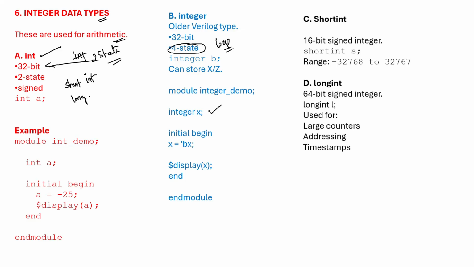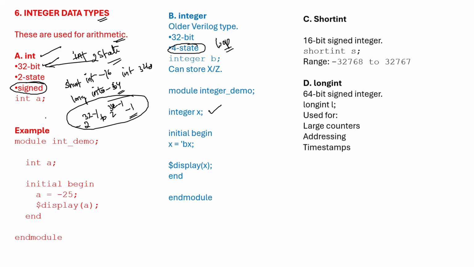So shortint will store 16 bits, longint will store 64 bits, and then int will store 32 bits. So int is a two-state data type. It can store 32 bits. It is a signed data type. Signed data type means, see here, the range is split this way.